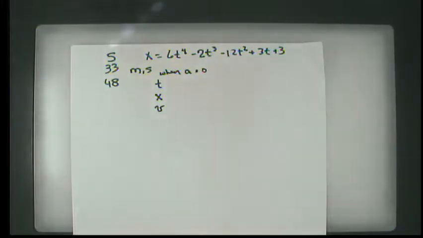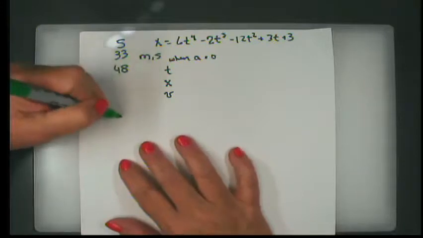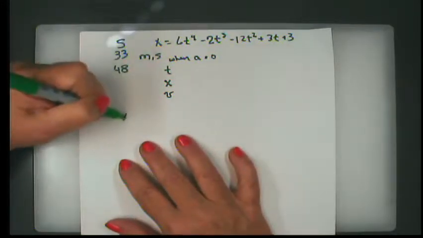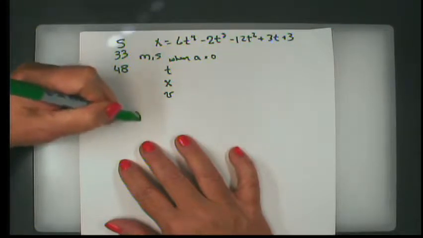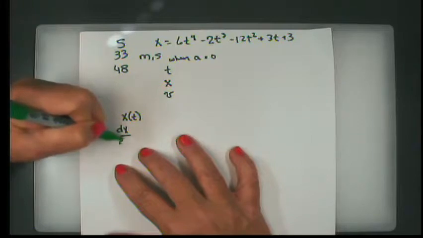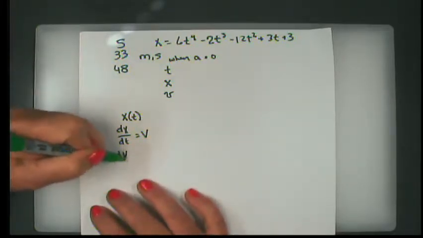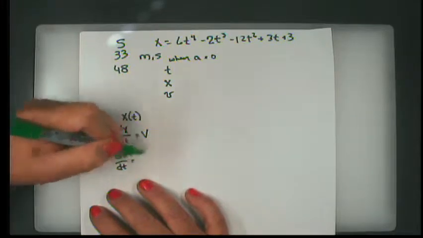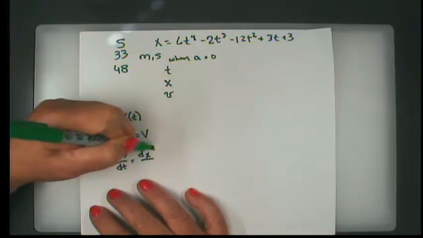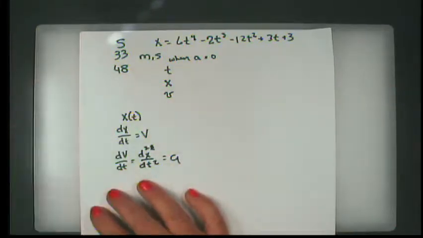So we need to bring in these ideas that we came up with in the last lecture, in lecture number 2, that tells me that if x is a function of t, that dx/dt is equal to v, and that dv/dt, or the second derivative of x with respect to time, is equal to the acceleration.